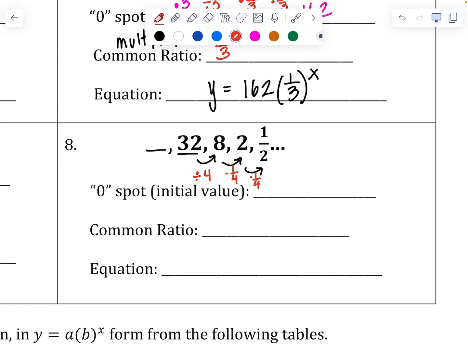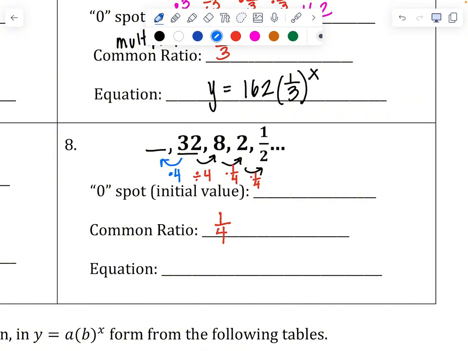So 32 divided by 4, that makes 8. 8 divided by 4 is 2. And 2 divided by 4 makes 1/2. So my common ratio is 1 over 4. Charlotte, so how do I get my 0 spot? You multiply by 4. And what is 32 times 4?